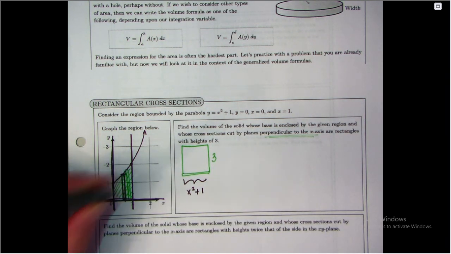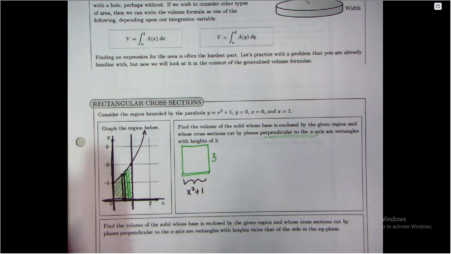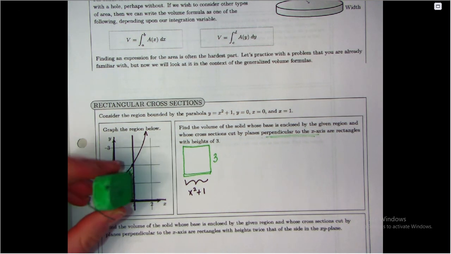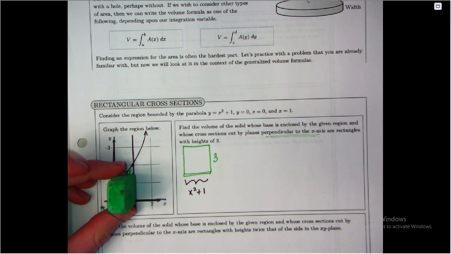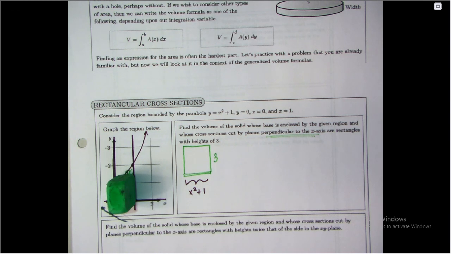Imagine a set of Post-it notes standing up so that they're sitting right here. An eraser might do the trick. I would be building a rectangle coming out of the base at a height of 3, but it wouldn't be as thick as my eraser. They'd be really, really thin, and they would create a solid.